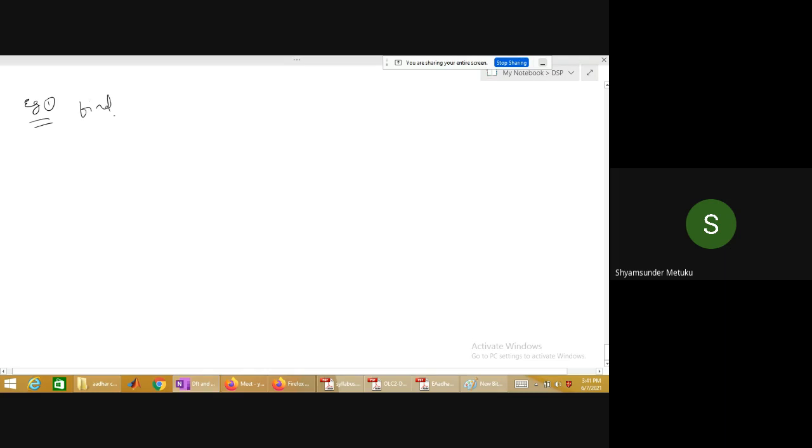Find the linear convolution of x of n equal to 1, -2, 4, 3, and h of n equal to 7, 3, -5, 4, 6. Find the linear convolution of x of n and h of n. This is what is given.